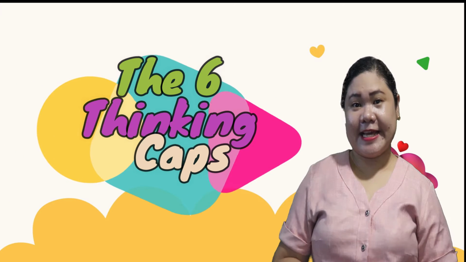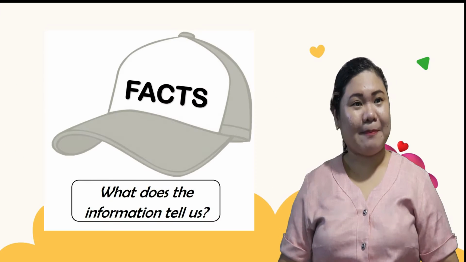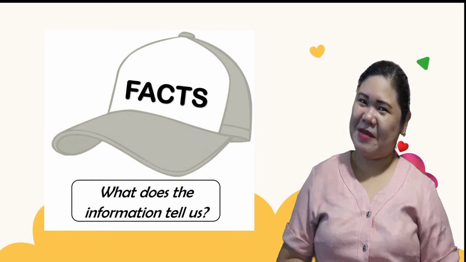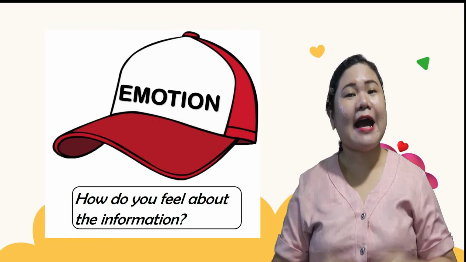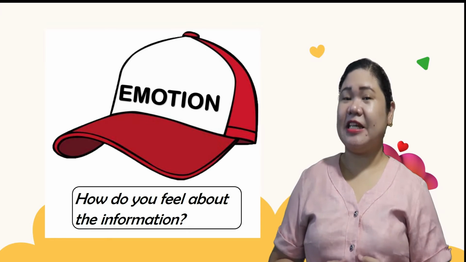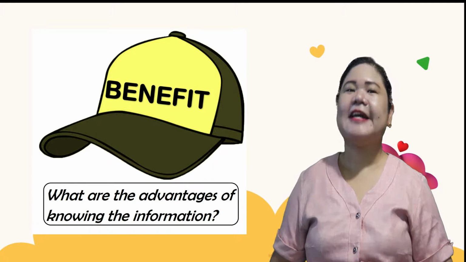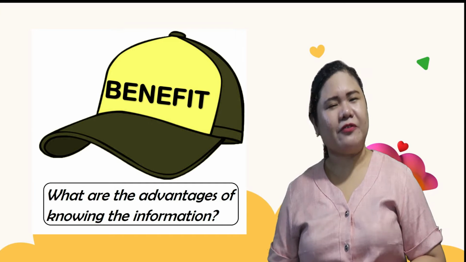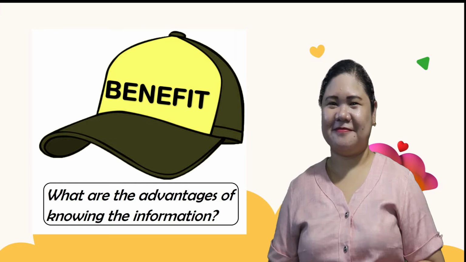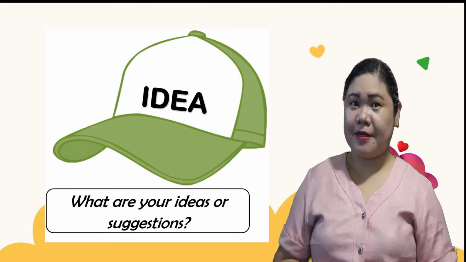The 6 thinking caps. White cap. What does the information tell us? Red cap. How do you feel about the information? Yellow cap. What are the advantages of knowing the information? Green cap.